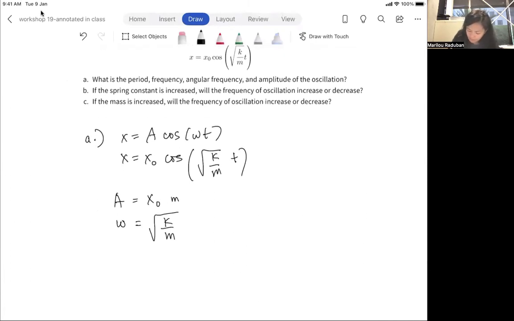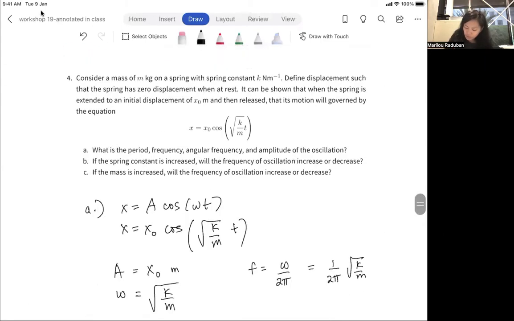Frequency is equal to 2 pi divided, I think it's the other way around. It's omega divided by 2 pi. Right? So that will be omega is square root of k over m, and you have 1 over 2 pi, for your frequency.